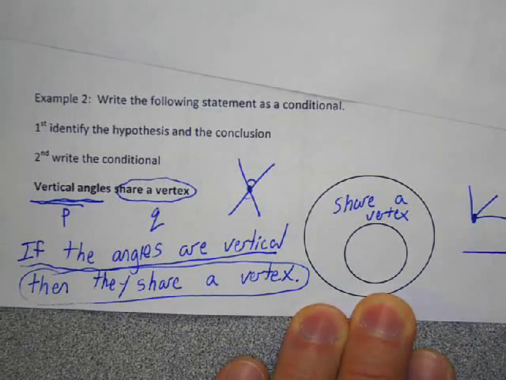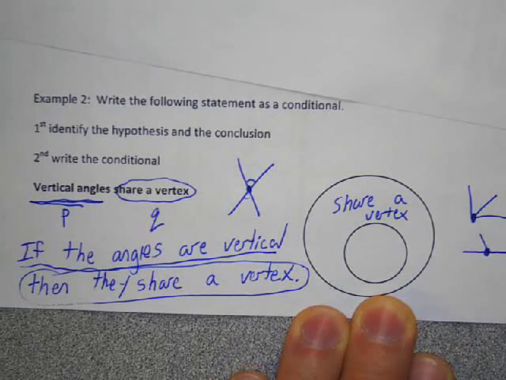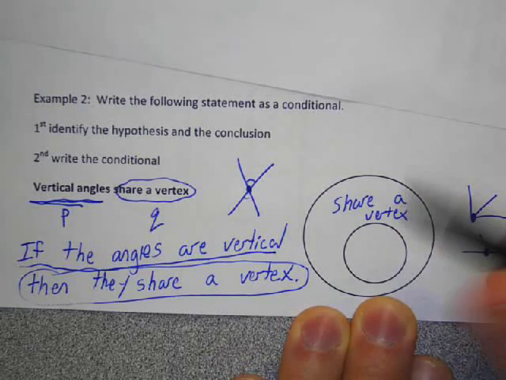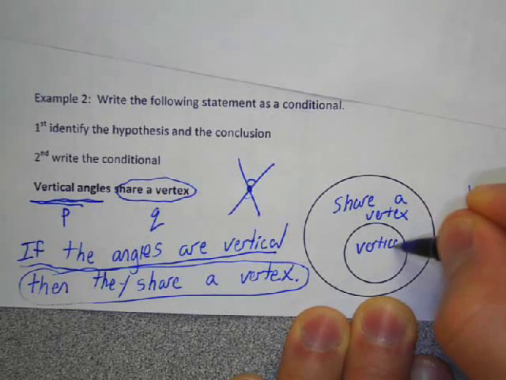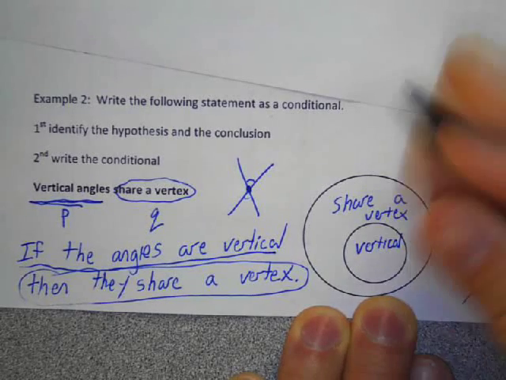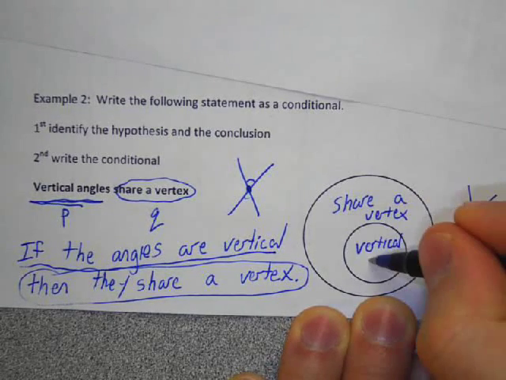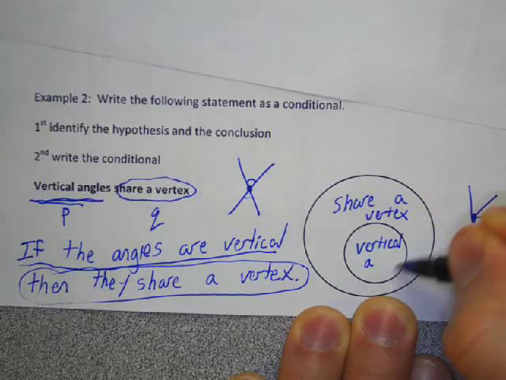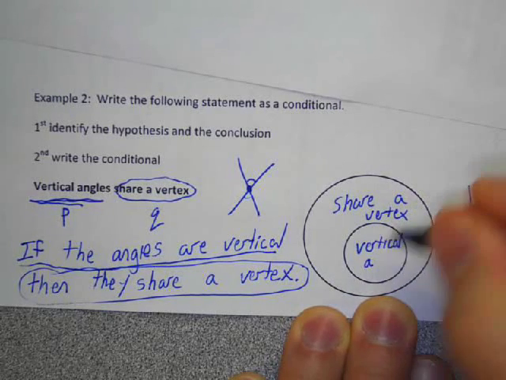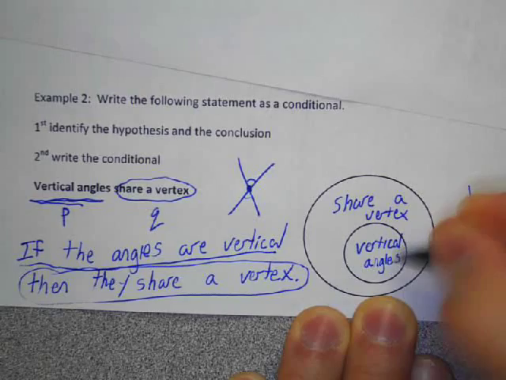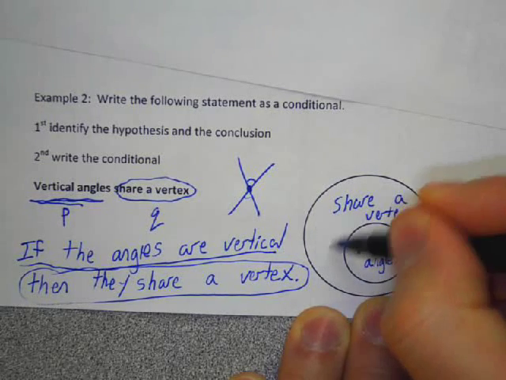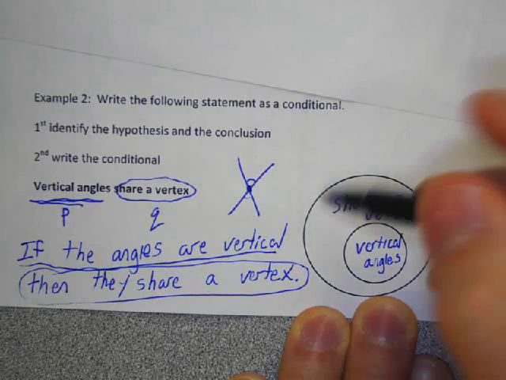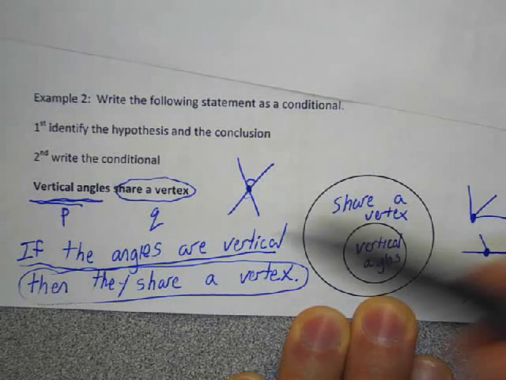But with our hypothesis, these vertical angles are a given type that share a vertex. So this category only talks about vertical angles. But the bigger circle could include adjacent angles, linear pairs, and whatnot. But for this statement, only if it's vertical angles, then they share a vertex.